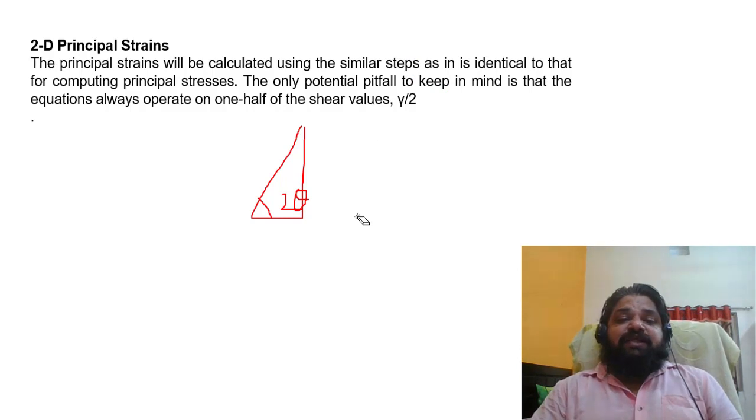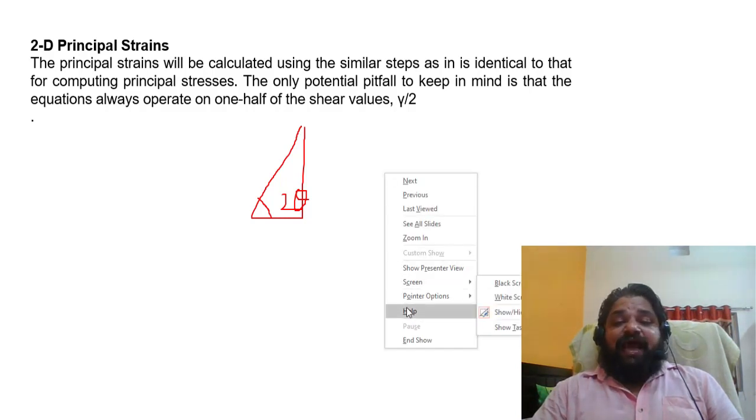It says the principal strains will be calculated using similar steps, identical to computing principal stresses. The only potential pitfall to keep in mind is that earlier we took tau, but instead of tau we will write gamma by 2, because we have also discussed this during the discussion of shear stress and shear strain.